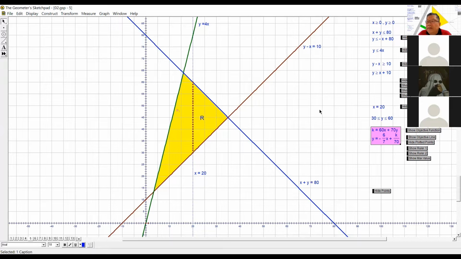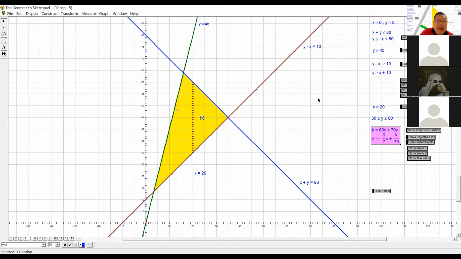Then I want to maximize the fees collected. Now, I need to draw a certain line, the line for this K equals 60x plus 70y.